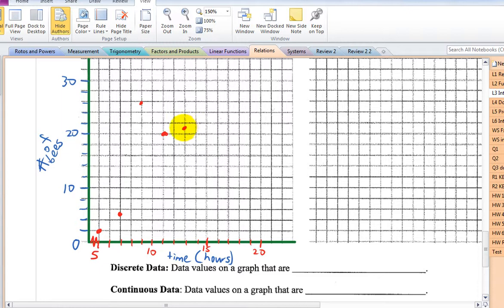Then for 13 and 21, 21 will not be on this line, but 13 will be.